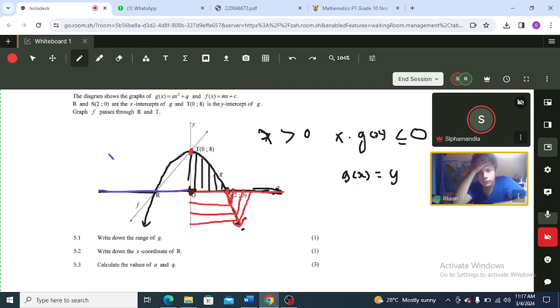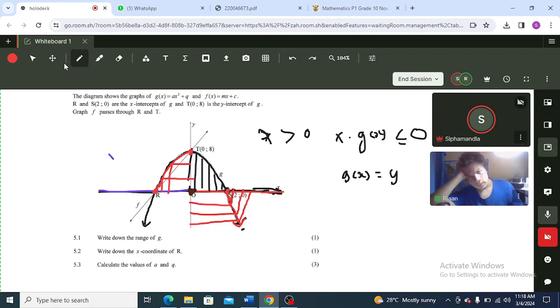Starting from 0 up until here, when I'm multiplying the negative x-axis with the positive y-axis, I'll get the negative value.